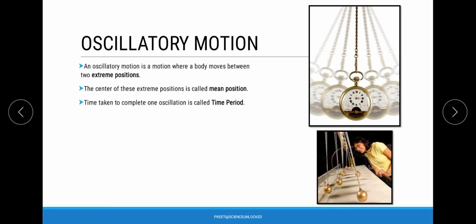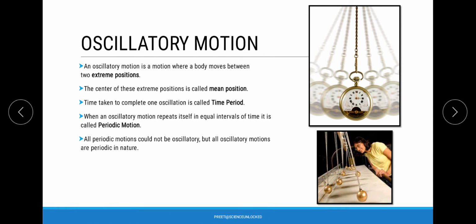Whenever an oscillation repeats itself in equal intervals of time, it is called periodic motion. So we can say that all periodic motions cannot be oscillatory motions, but all oscillatory motions are periodic in nature automatically.